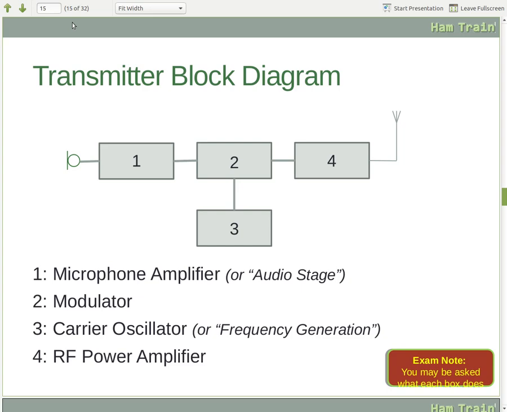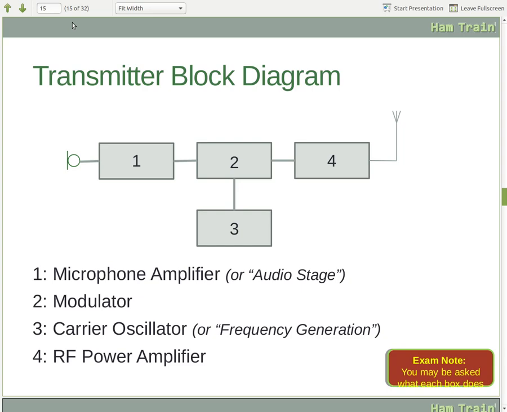Box number 2 is the modulator, and as you can see it's connected to box number 1 and box number 3. Number 3 is the carrier oscillator or frequency generator, and so box number 2, the modulator, is mixing these two inputs to create a modulated signal.